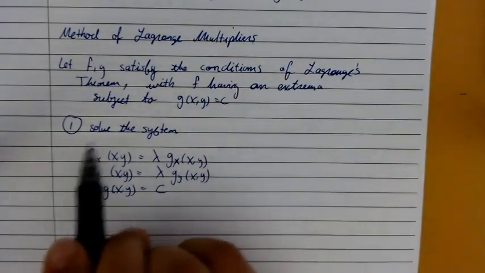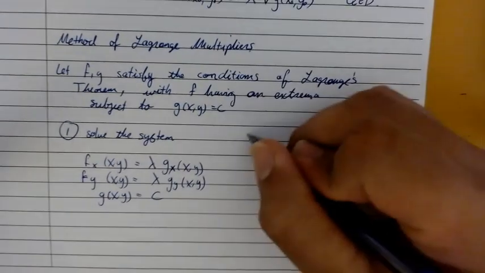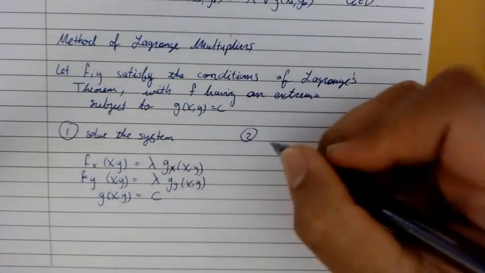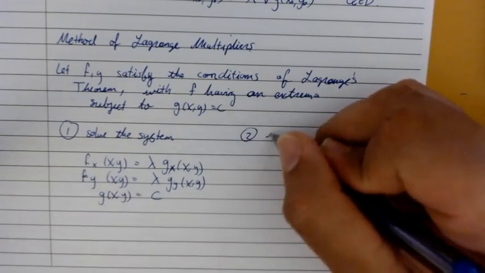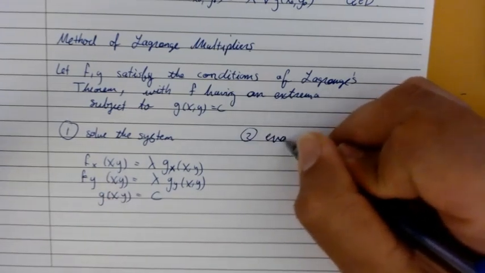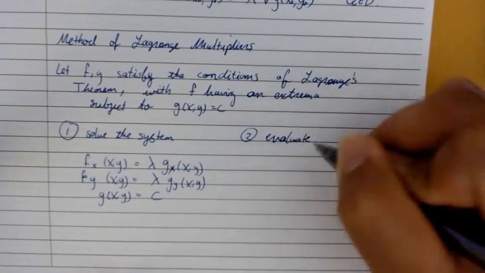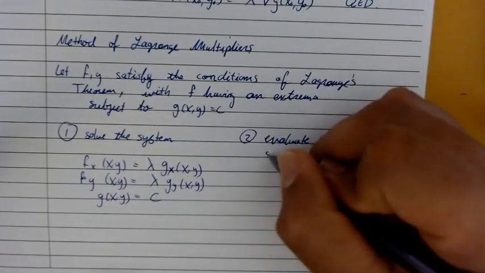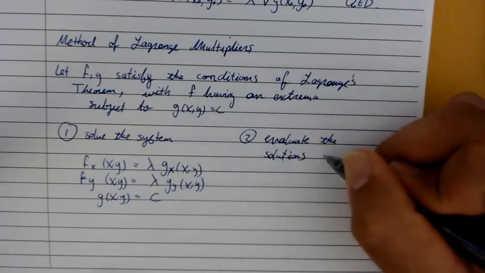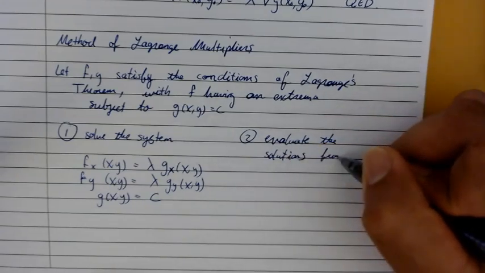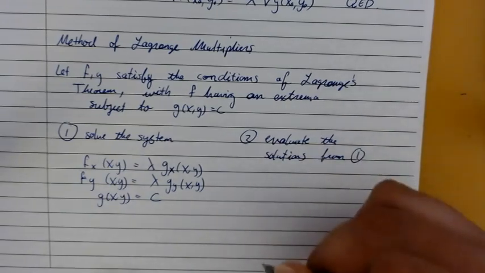Okay? So the first thing you're going to do is solve the system. And then two, you're going to evaluate each solution from step one. So take whatever solutions you have, your x and your y, and evaluate f at the solutions from step number one.